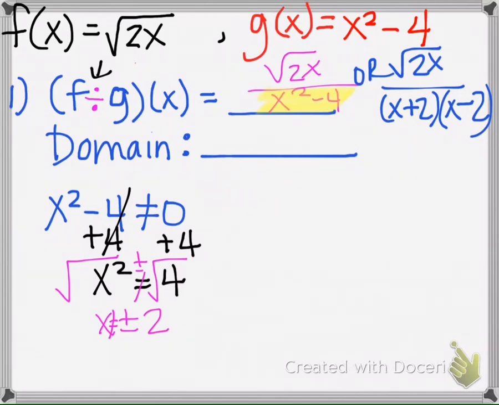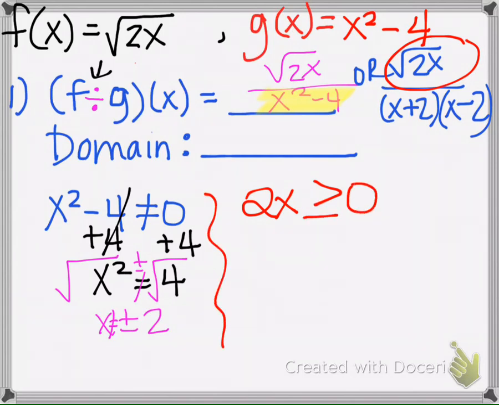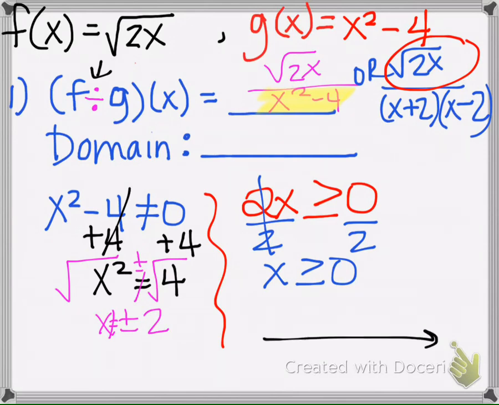All right, but we have another issue here. We have a radical. So we know that 2x, what's in the radical, has to be greater than or equal to 0. So we have two things to worry about here. So if we draw our number line here, we have that x cannot be negative 2 and x cannot be 2.